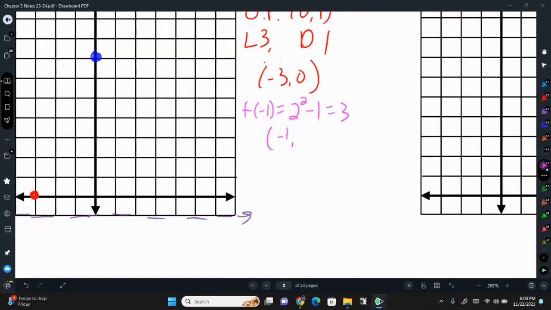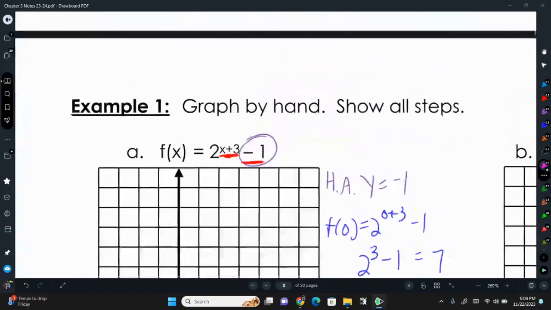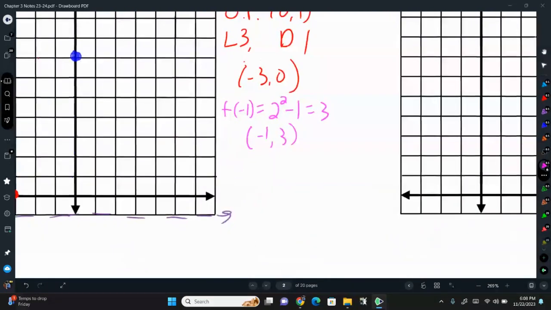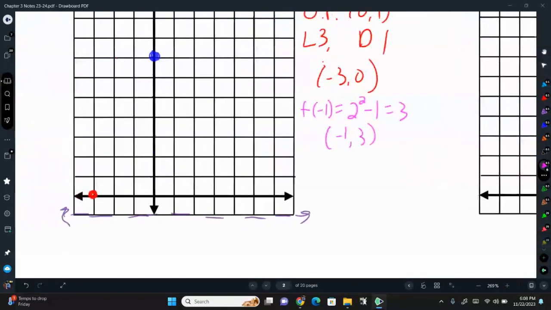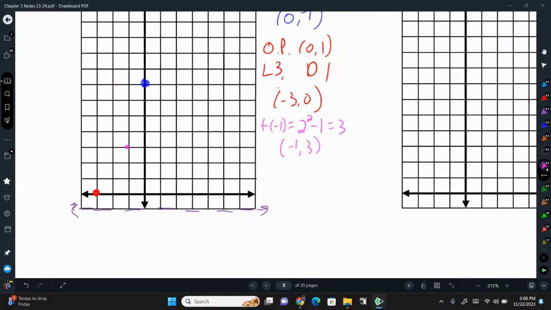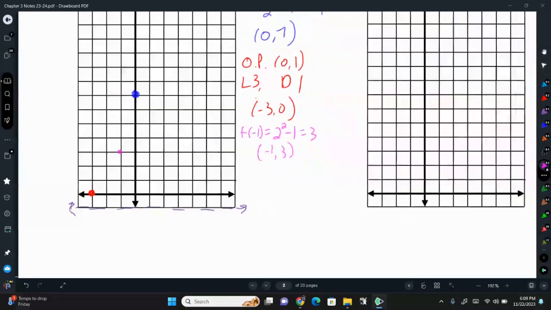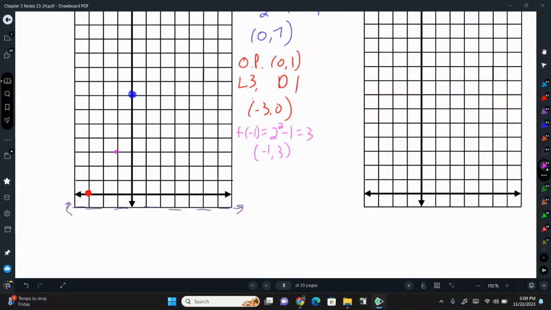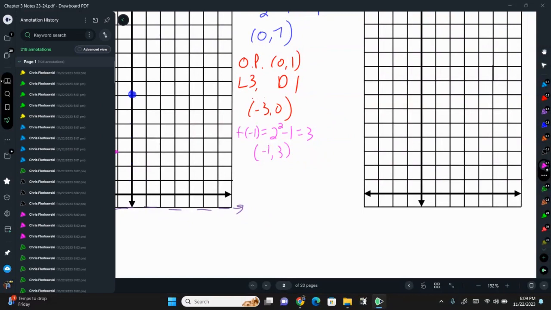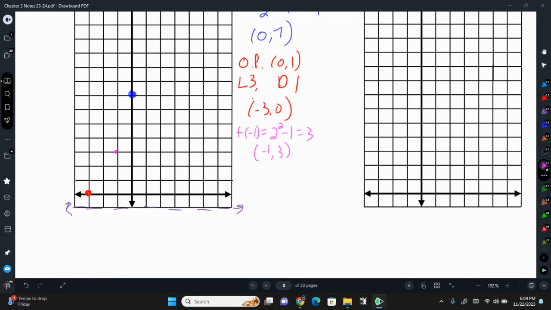So that gives us -1, 3. You know, when we plugged in -1 here, we get -1 plus 3. That's how I got 2 to the 2 power. So you could have done that. So we had options here. Like I said, translating is probably the easiest, but we can't always do that. So now we're going to draw our graph.